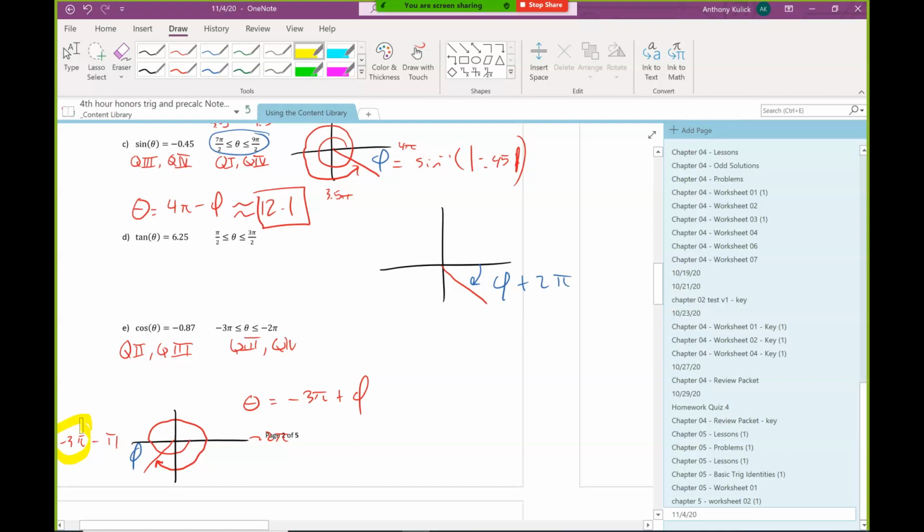So I'm using this on the x-axis. If instead I had my phi over here, or I'm sorry, let's put it in the same spot, but we're going this direction. Here phi is here, so I'd be doing pi plus phi. So it would still be like -3 pi.